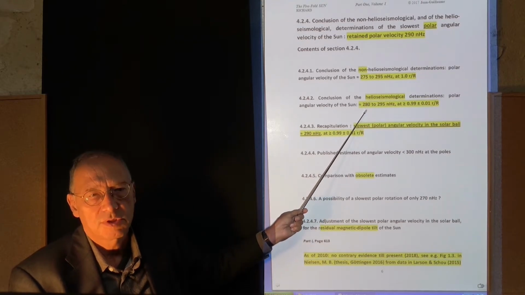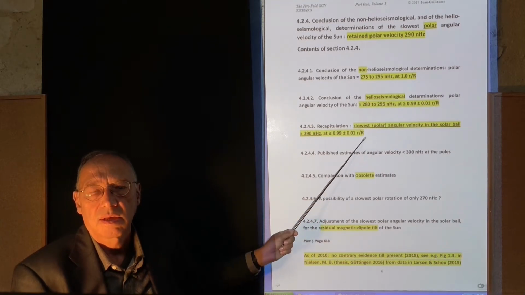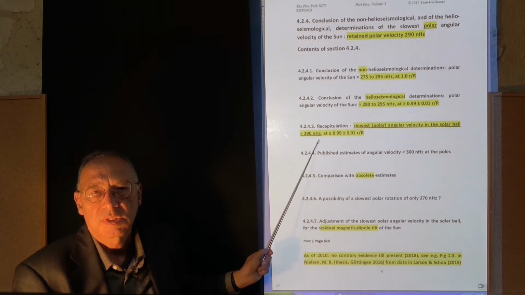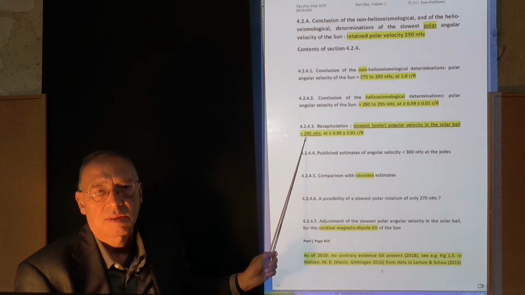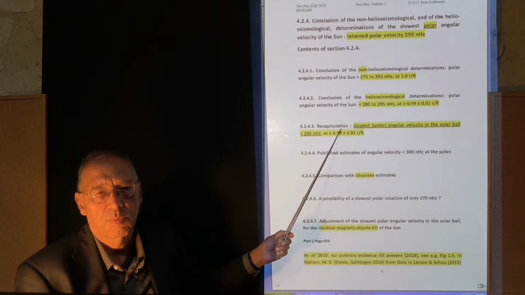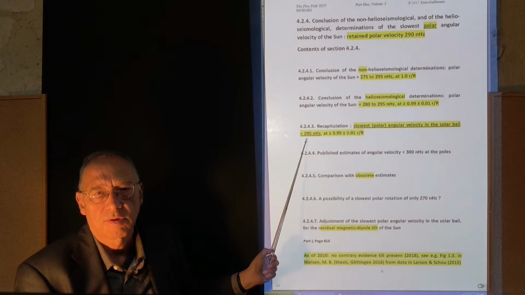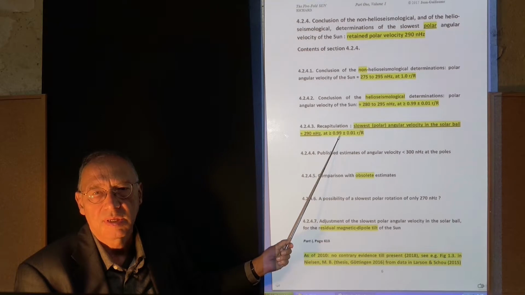The helioseismological results we just cited, and as an overall conclusion, we would settle for a characteristic angular velocity at the polar location where rotation is the slowest, of about 290 nanohertz. This would be slightly below the polar surface of the Sun, but not much below.